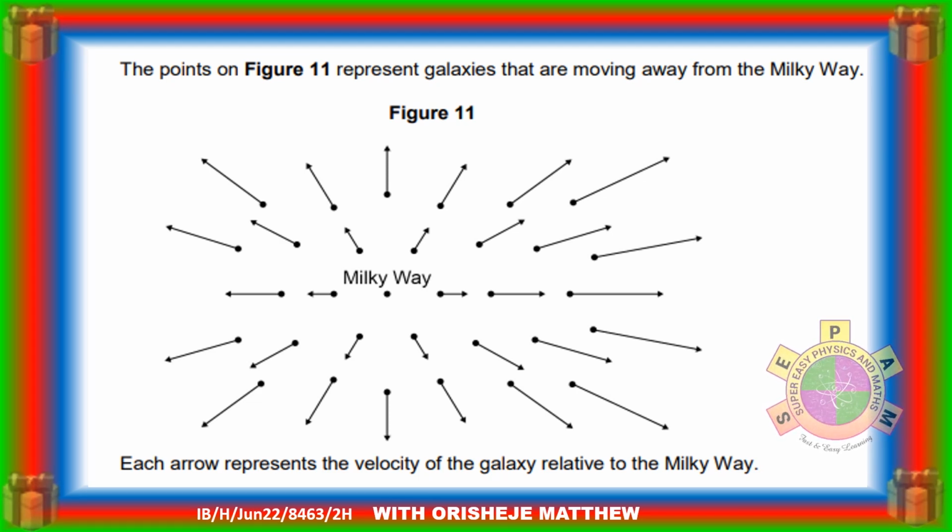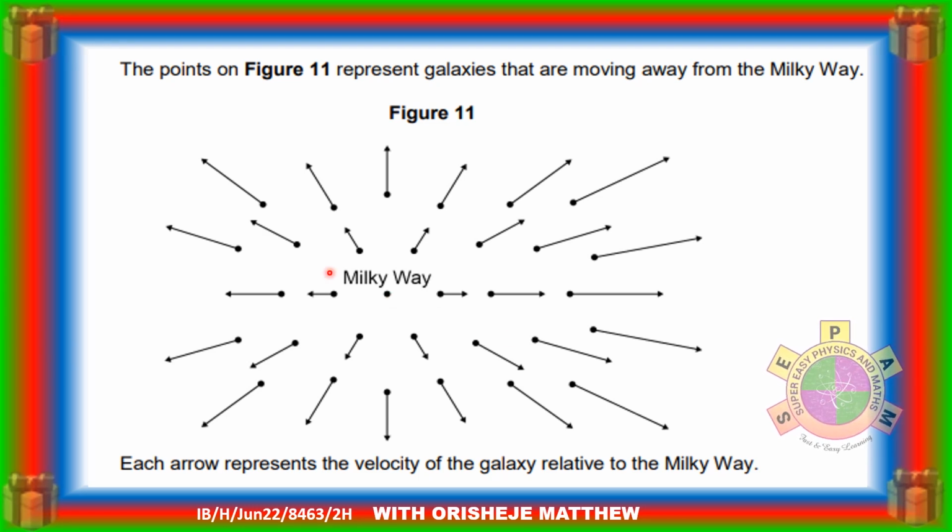You have our Milky Way at the center, and each arrow represents the velocity of a galaxy relative to the Milky Way as they move away from it. You see that all of them are spreading from a point. That means that at a point in time, all the galaxies started from this point here. And from here, the Milky Way, they are spreading out.